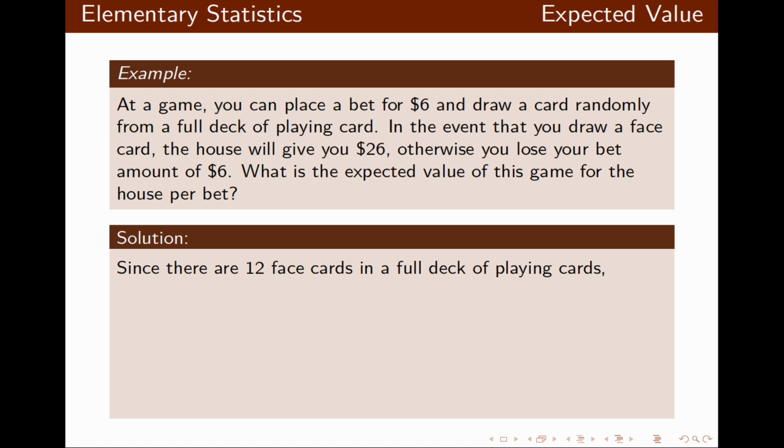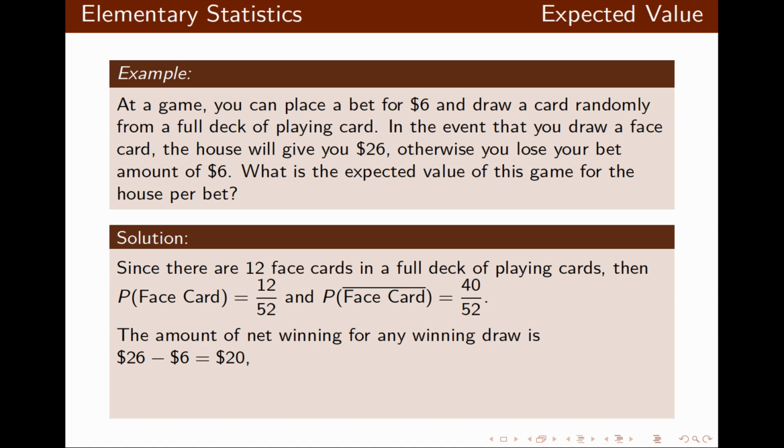So there are 12 face cards in a full deck of playing cards. Then probability of drawing a face card is 12 out of 52. And probability of not drawing a face card will be 40 out of 52. You can reduce these numbers, but once we use the TI, it will handle all those for us.